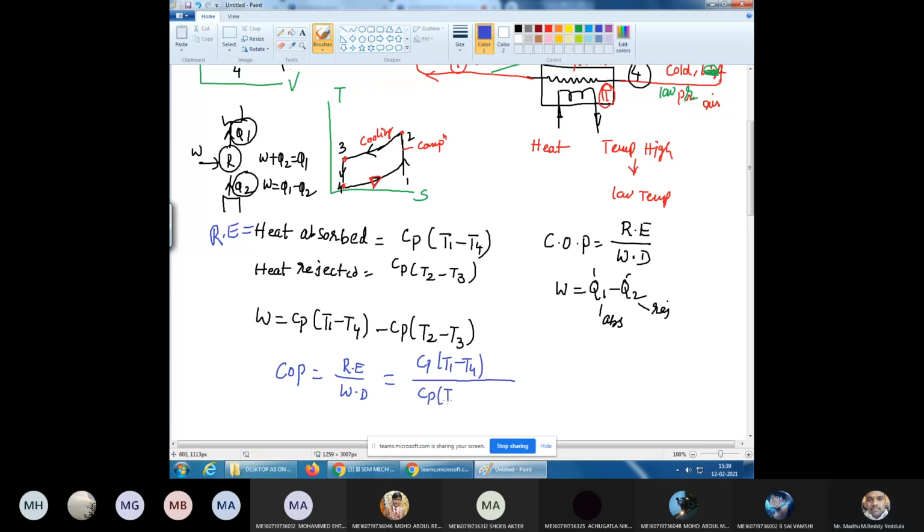COP equals Cp into (T1 minus T4) divided by Cp into (T1 minus T4) minus Cp into (T2 minus T3).